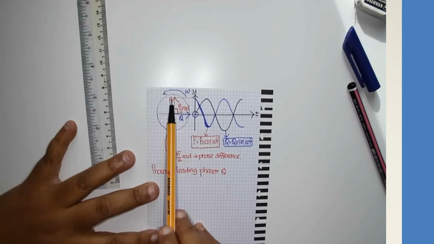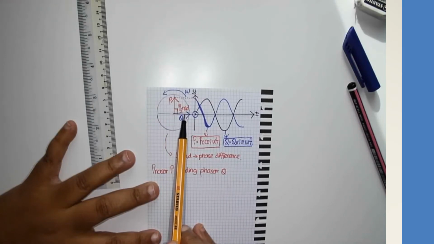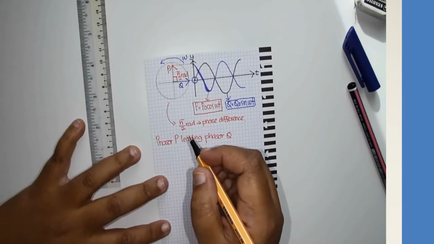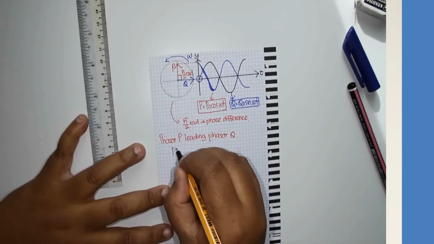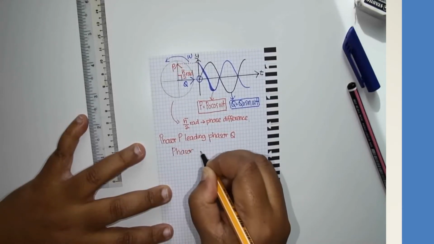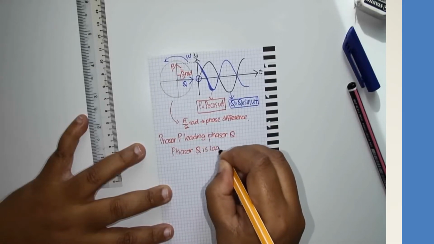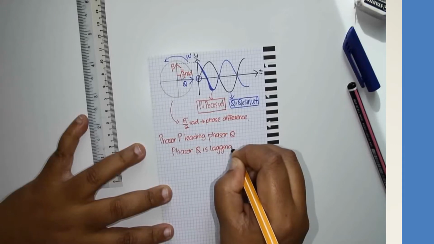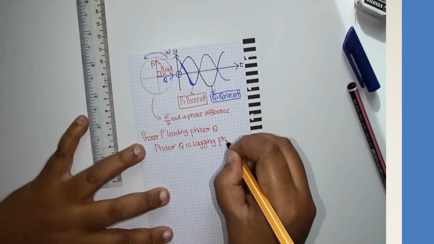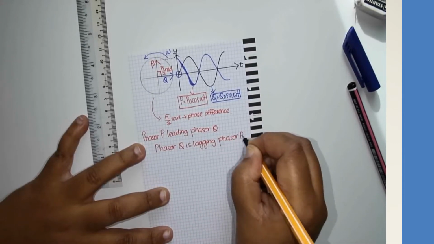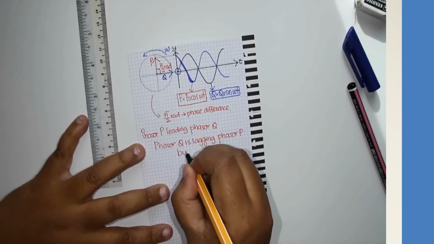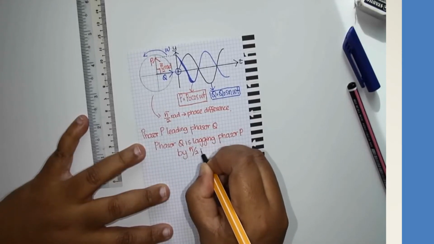Or we can say phasor Q is lagging phasor P.